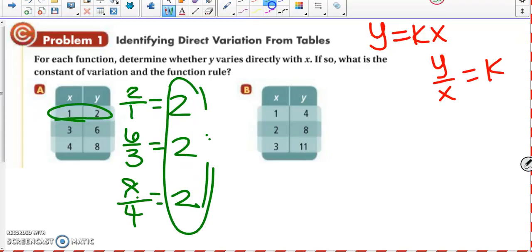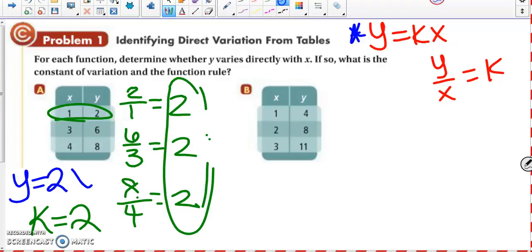Since all of these k values are the same, we then have k is equal to 2. Since k is equal to 2, we have constant variation, and I can write my rule using my first equation. y is equal to 2x, since k is equal to 2.